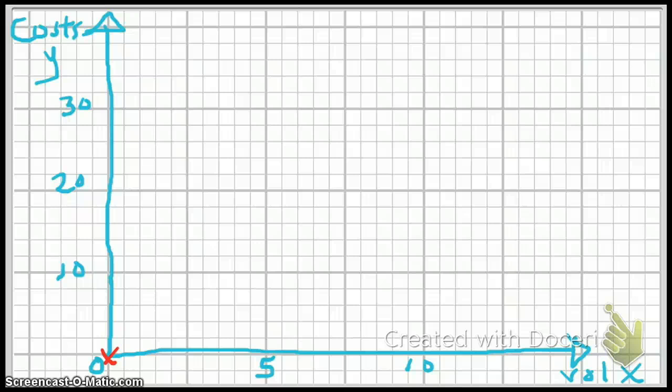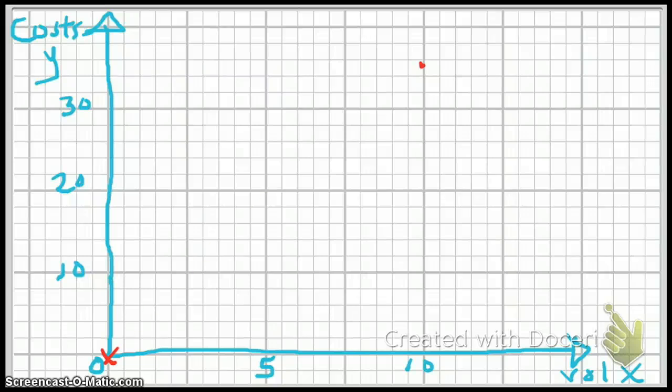You also know that if you buy 10 gallons, your cost is 35, so your second point is about there. And variable costs are directly proportional to changes in volume, so it's a linear relationship, so we can draw a straight line between these 2 points to show our variable cost graph.